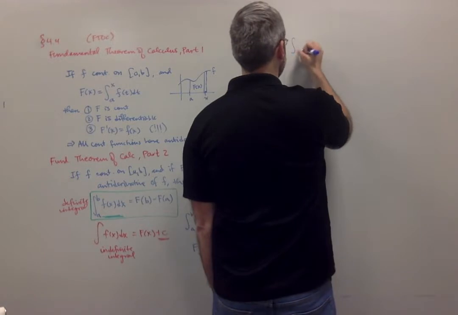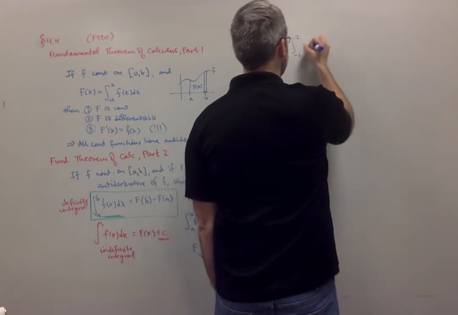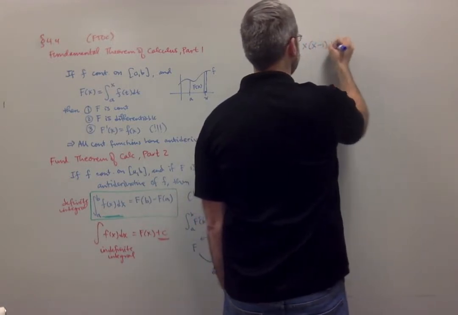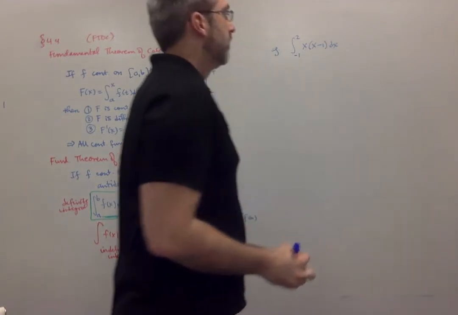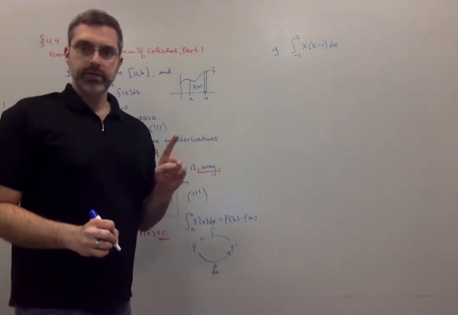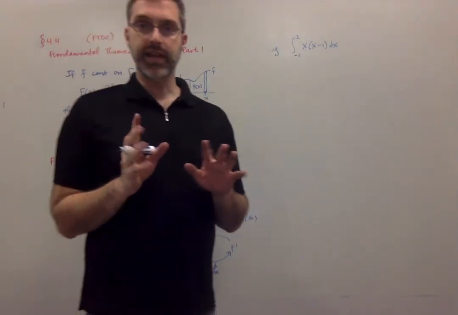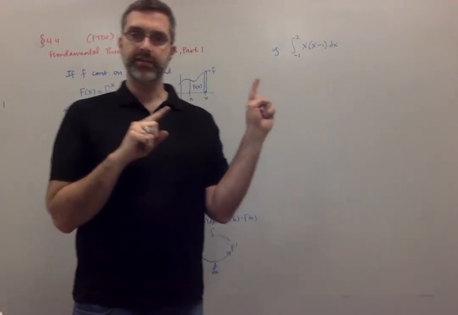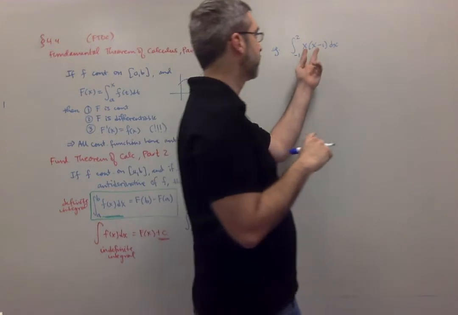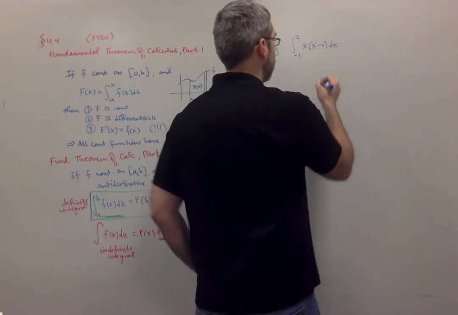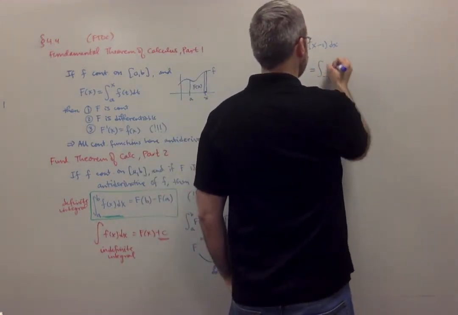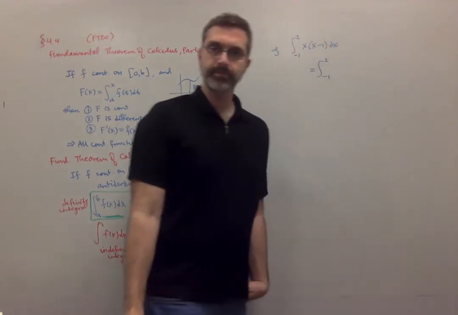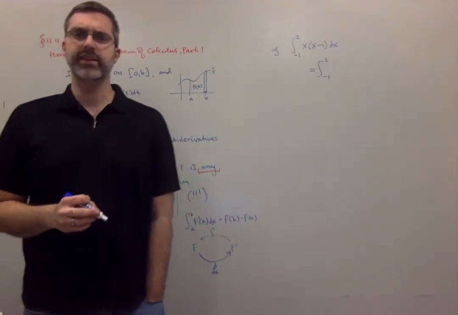If I want the area from negative 1 to 2 under x times x minus 1, remember that if you have a product, you cannot just antidifferentiate each part. We don't have nice rules for the antiderivative of a product right now. You remember what we did to find the antiderivative before?